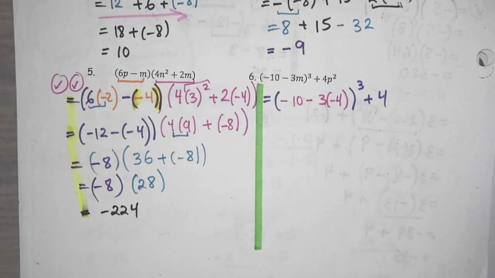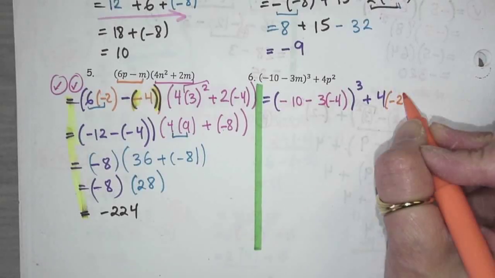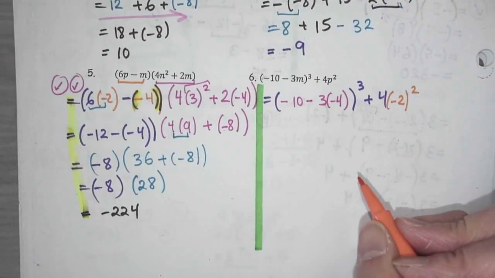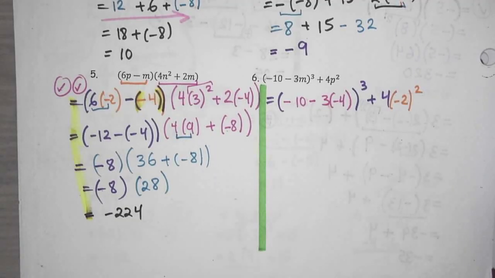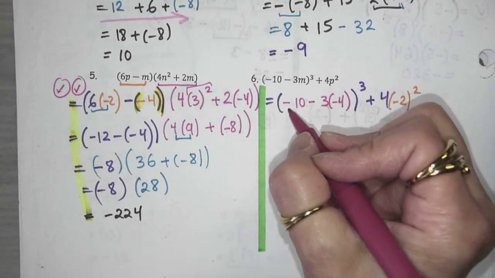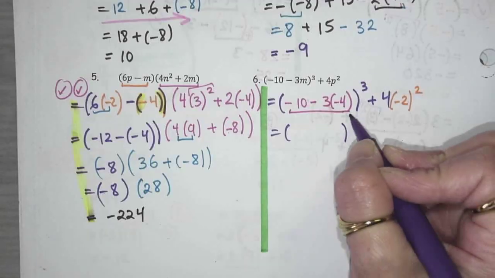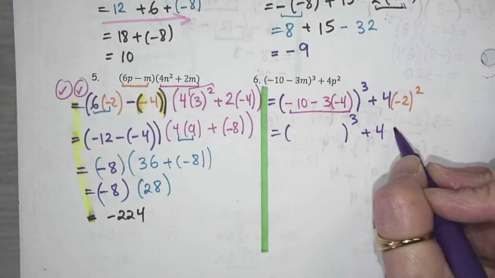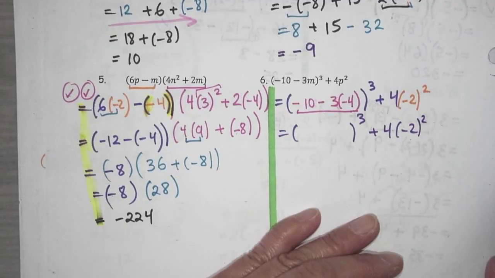Plus 4, and then p squared. P is negative 2 squared. Okay. According to BEDMAS rules, what do we do first? We do brackets first. B for bracket. So we're going to do this bracket first. Ignore the rest. I know it's hard. You do this. Okay, in the bracket first.